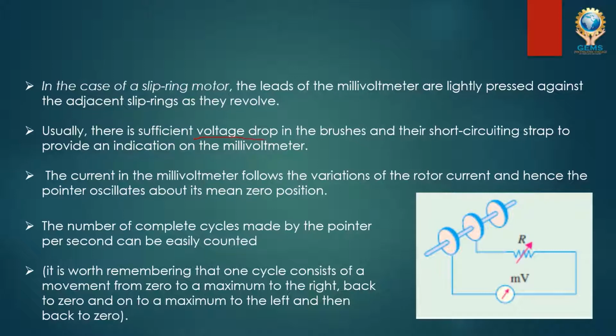So if we connect a millivoltmeter in between the brushes, that voltage drop will be shown on the millivoltmeter. So it will oscillate, and based upon that oscillation we can count and calculate the frequency. Usually we know rotor frequency will be very low, 1.5 Hz or like that only it will be there.